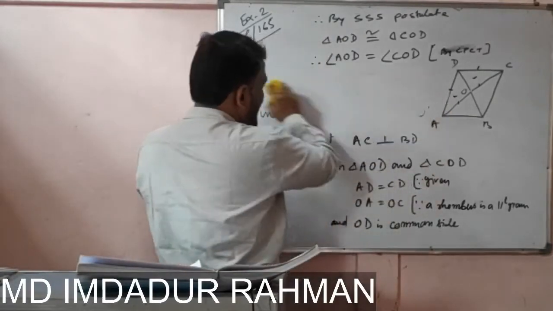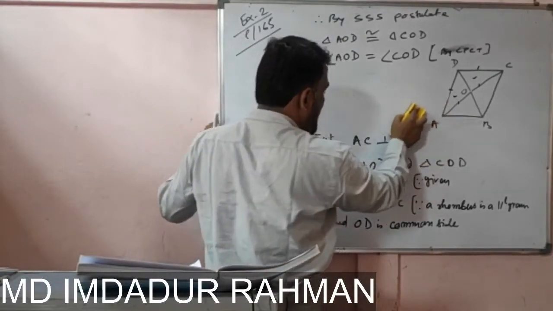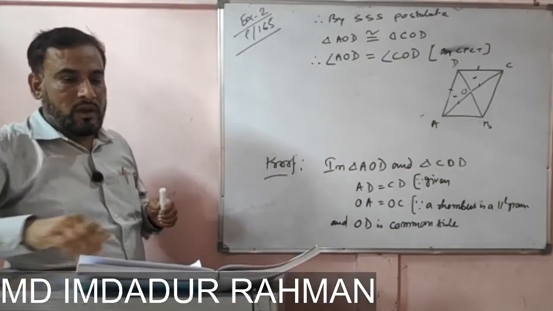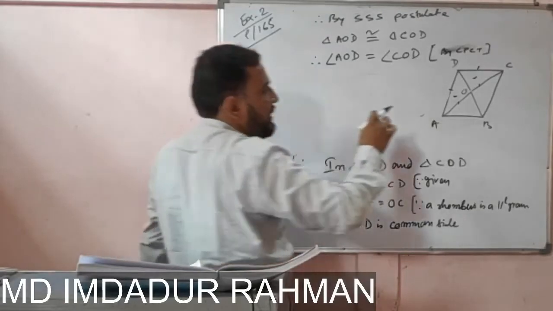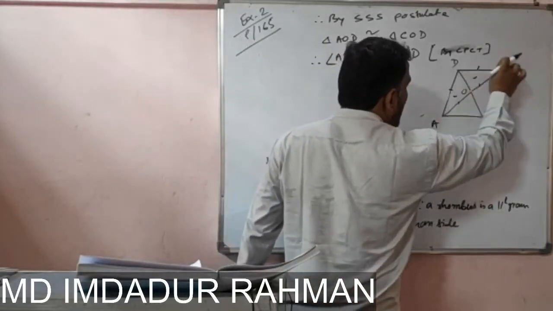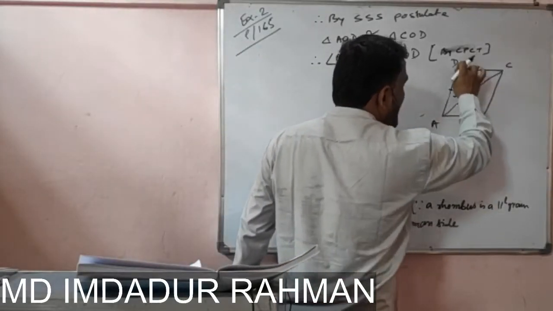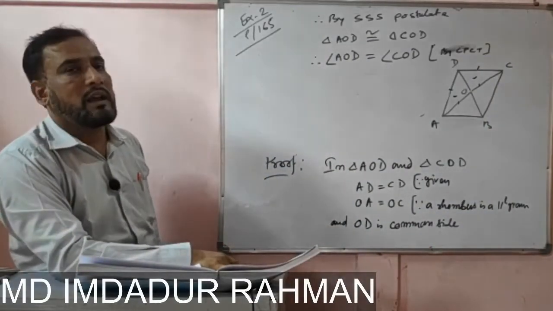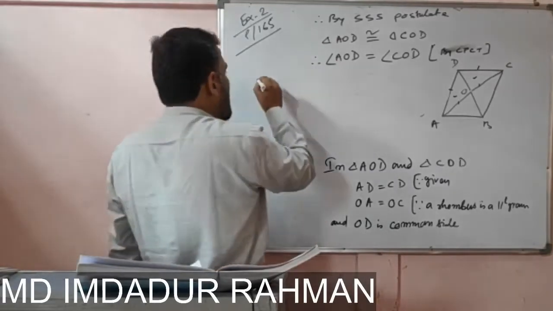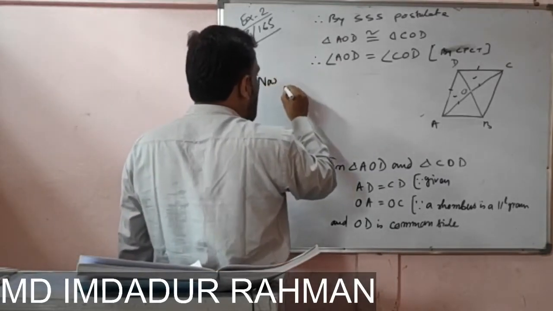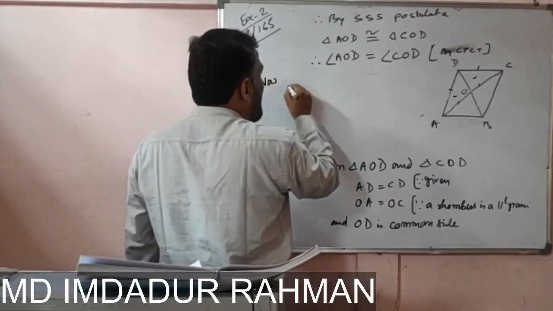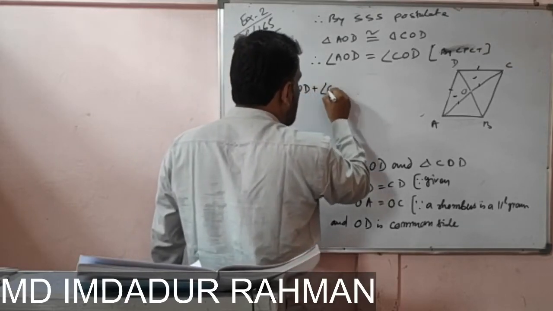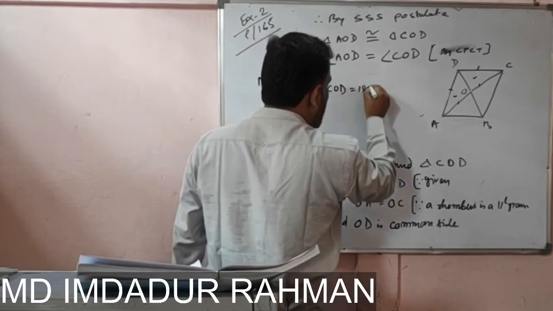So now we look at the diagram. You see, AOD and COD are what? This is a linear pair. So angle AOD plus angle COD is equal to 180 degrees.